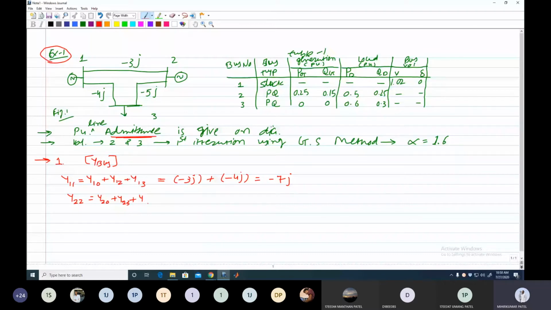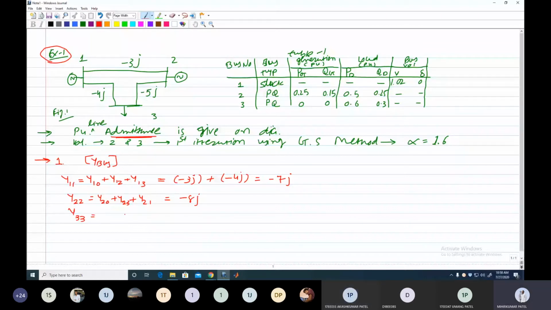So just looking at the network, you have to substitute the values directly. So what is the final answer? Yes, minus 8j. Next, for Y33, what is the final answer? Minus 9j. Yeah, very good.